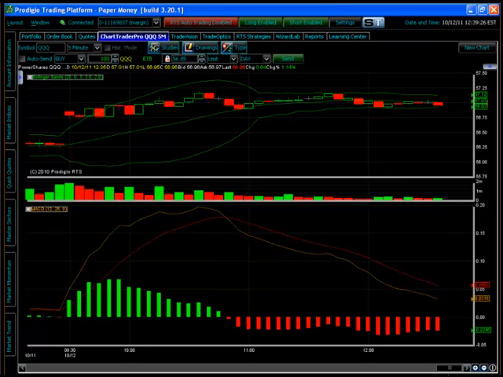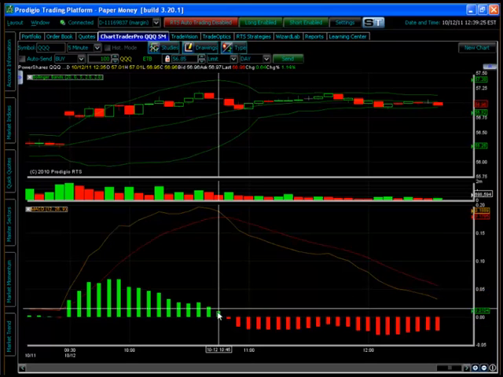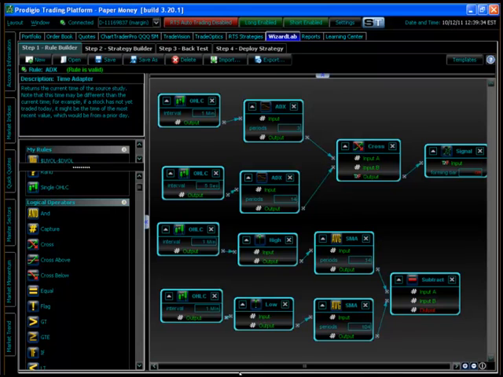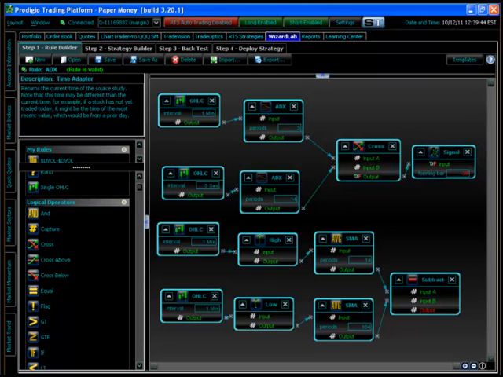So what I'm saying is the MACD histogram crosses below zero. When that happens, I want that to trigger and give me a signal. And it's that signal that a Wizard Lab rule gives to you. So when I build this rule, everything ends in a signal, and I have to say what I want to do with those signals.